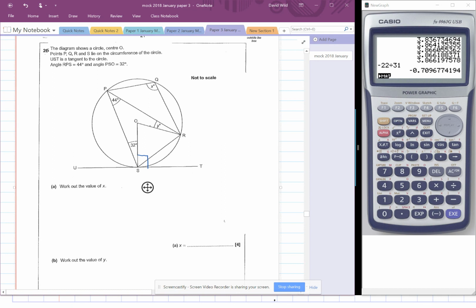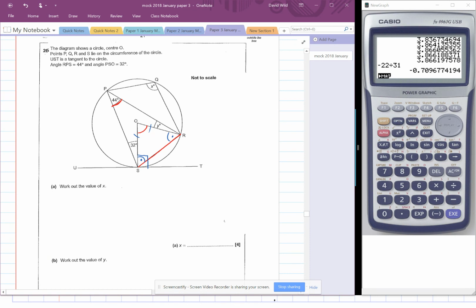I also notice that this is a radius and this is a radius, so these two angles here are the same. That might help. What else do I know? This chord is subtending an angle to the center, this one, and also an angle, this one, to the circumference in the same segment.